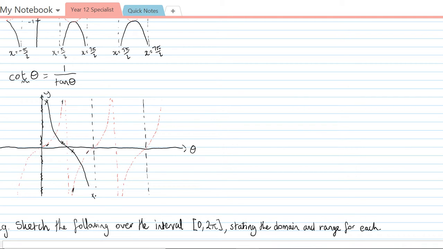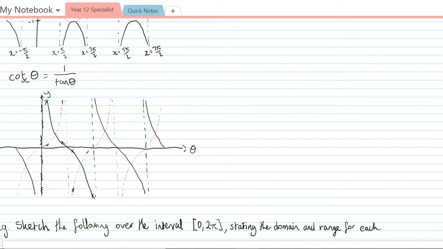So the graph ends up looking basically like a reflection of the tan graph. And do the same in this section. Yep, that's looking good. All right, so that's the graph of cot theta. And so then I just need to go through and have a look at labeling the asymptotes there.